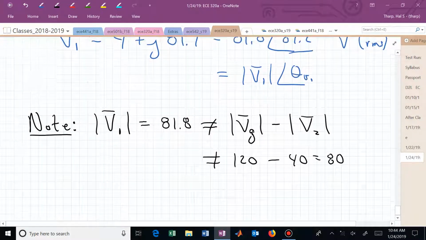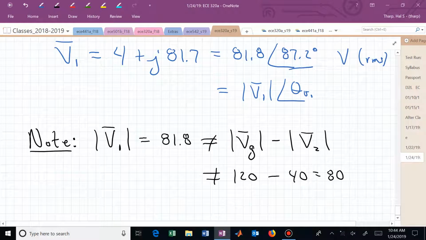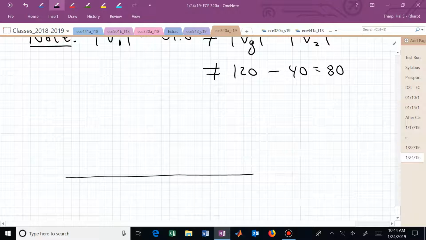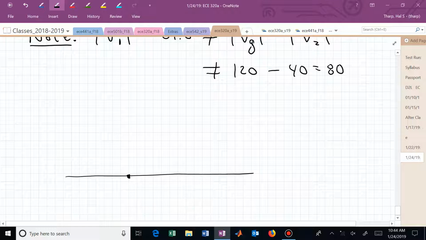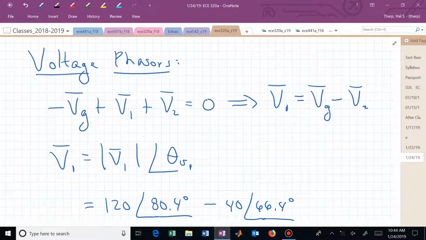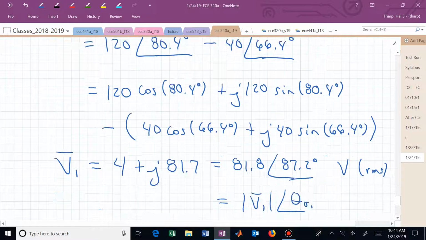Suppose we draw V1. That's 81.8, or 82, at an angle almost 90 degrees, 87.2. So let's draw V1, 82 in length, and we add to that V sub 2. From KVL, we could write V sub g equals V1 plus V2, and that's what we're doing now.